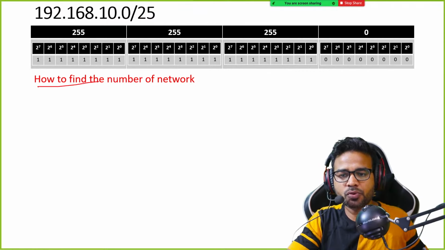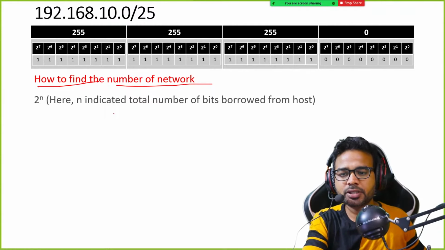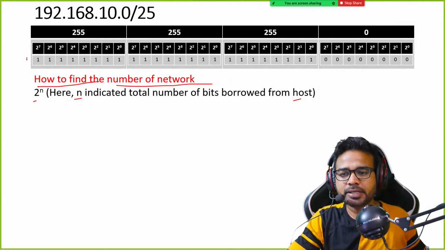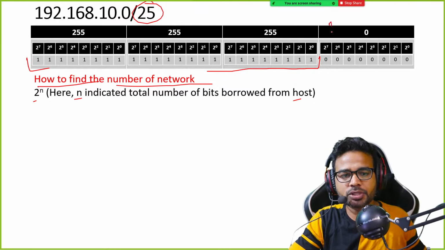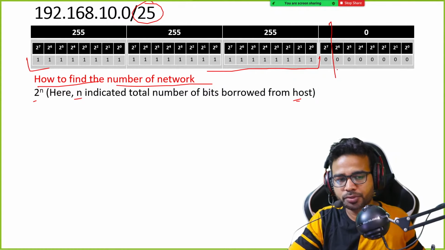First is how to find the number of networks. The formula for this is 2 to the power n, where n indicates the total number of bits borrowed from the host. By default, the default subnet mask is till here, right? 24 bits are reserved for the network in a class C address. Here the CIDR value is 25, so we have borrowed 1 bit from the host.